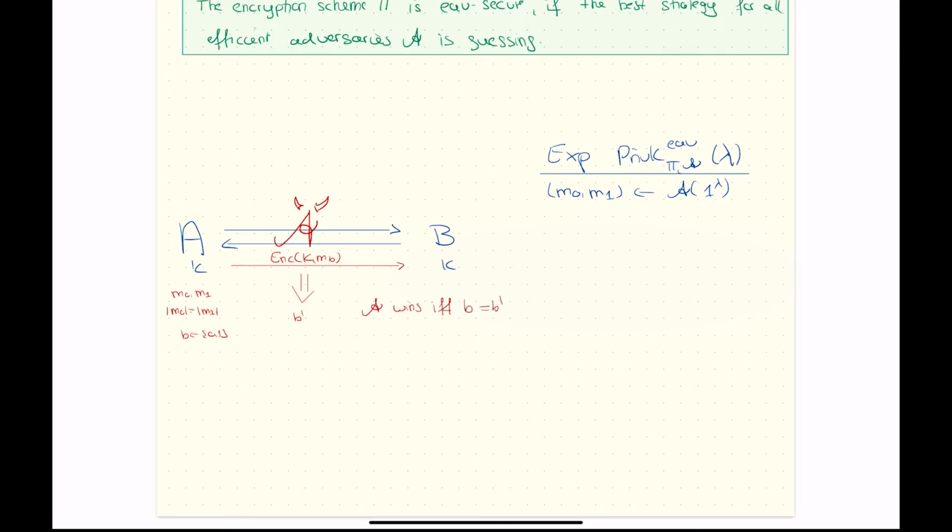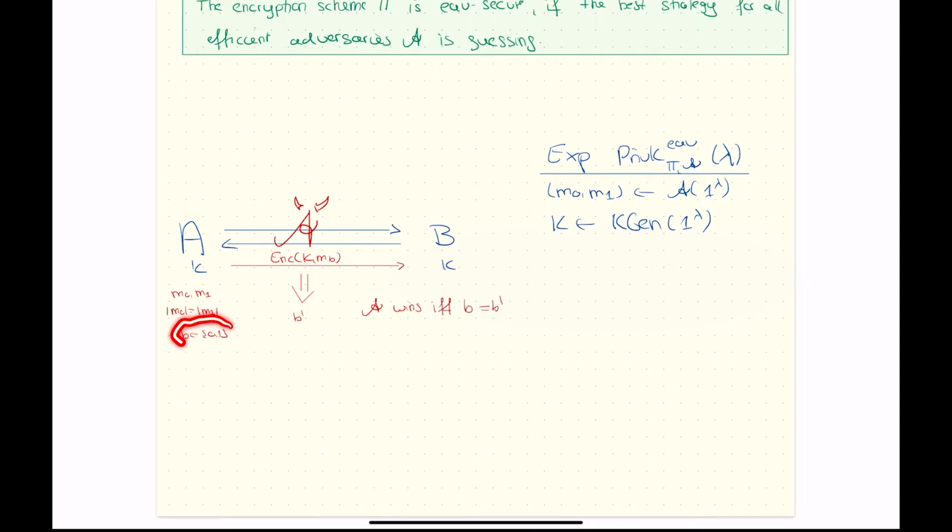So now the adversary here is essentially expecting to see an encryption of the message MB. Well, in order to compute this message, the next thing that we have to do is, of course, generate a key. Which means the next step of our game is essentially the key generation of the private key encryption scheme. Furthermore, the adversary, as we just discussed, is expecting to see the message MB.